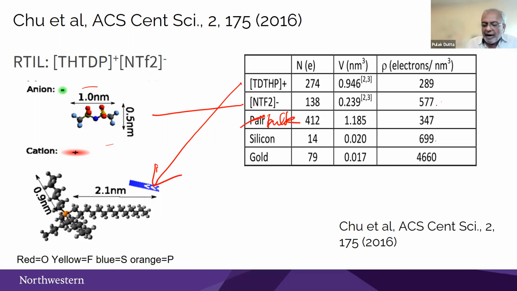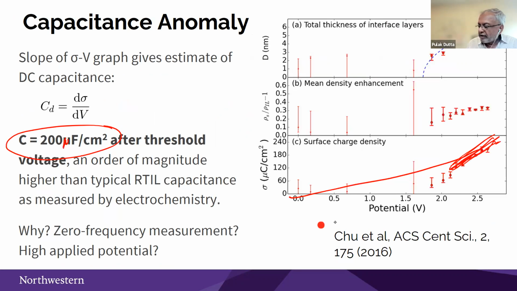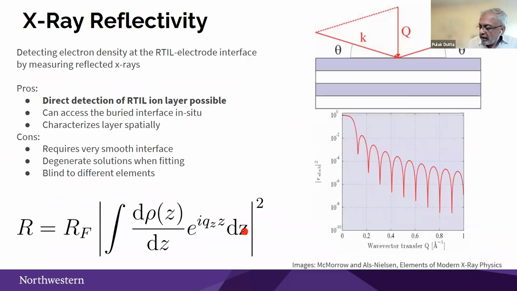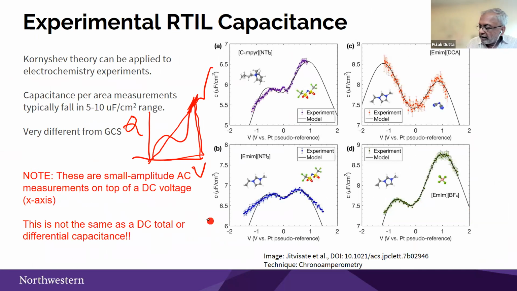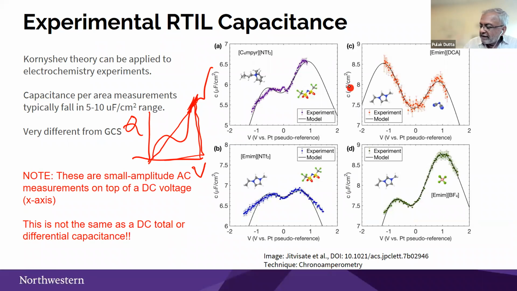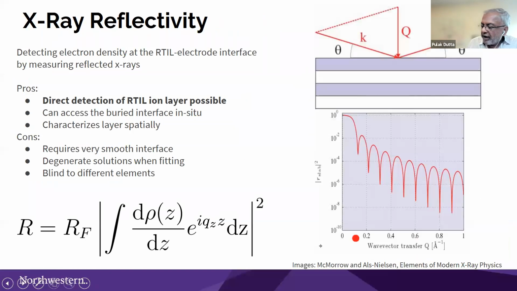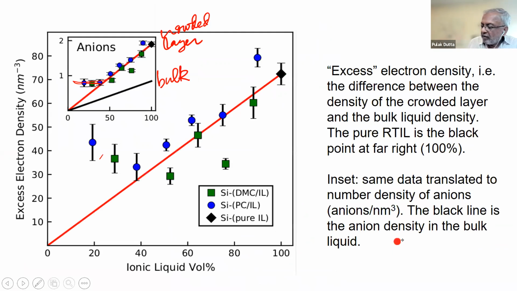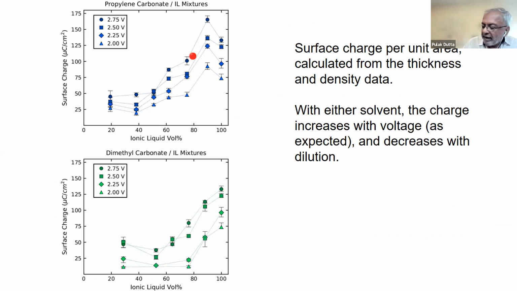So the double humped capacitance picture that I showed you, that's theory and experiments, at two humps on different sides. We can't do both, but we see one hump here.